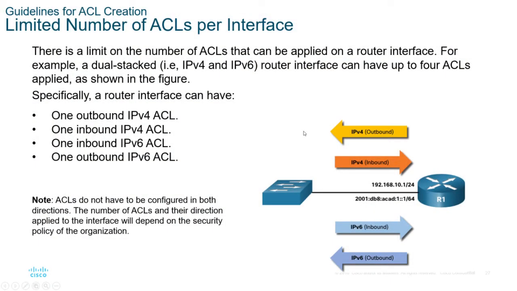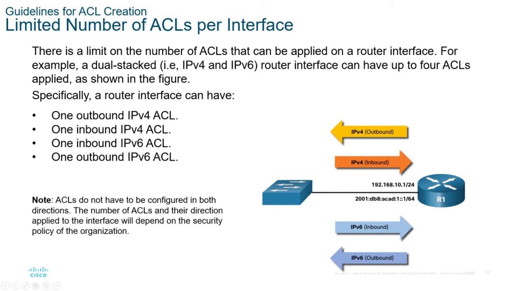So guidelines for ACL creation. Kind of some quick and general things. You can only have a certain number of ACLs per router interface. That might not sound like a lot, but it's actually a huge amount.